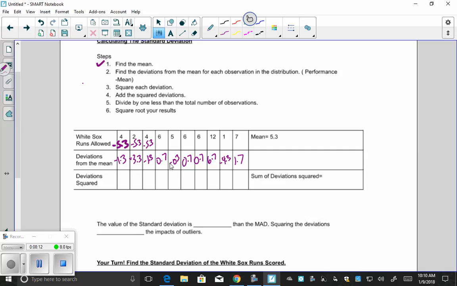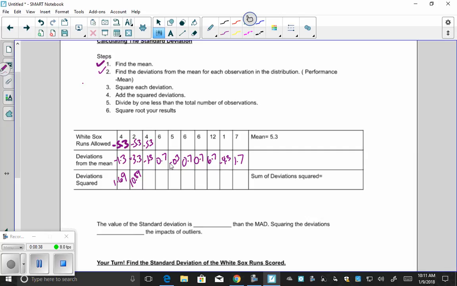Once you find the deviations from the mean, that's step 2, you square each deviation. So you're going to do negative 1.3 times negative 1.3, which gives me 1.69. And then negative 3.3 times negative 3.3, which gives me 10.89. Sorry I didn't leave y'all a lot of room.